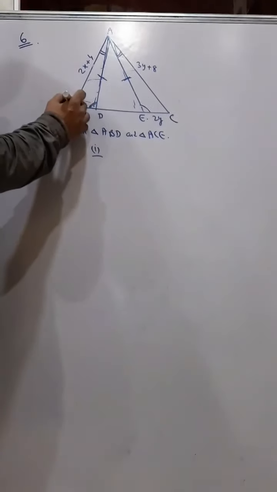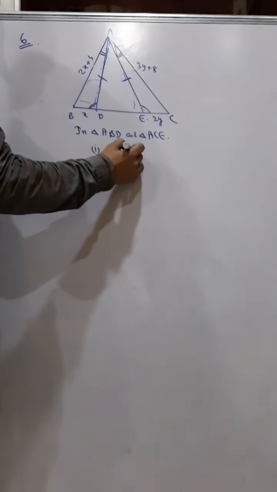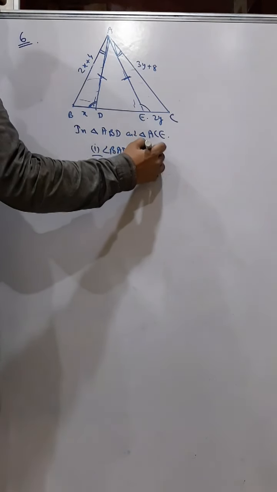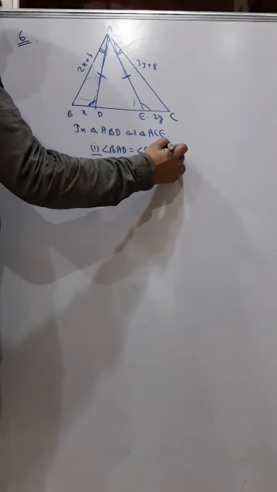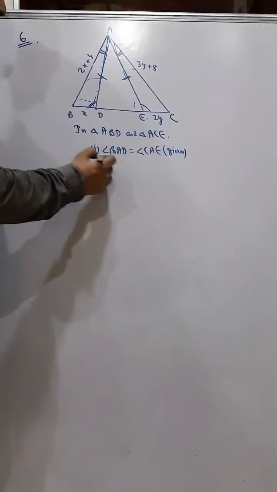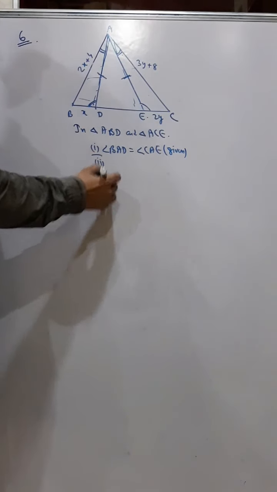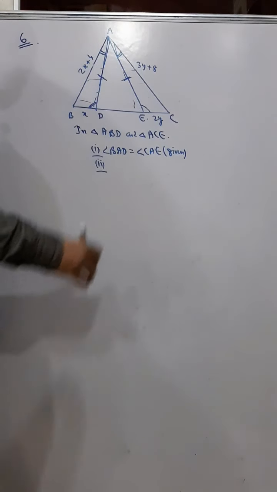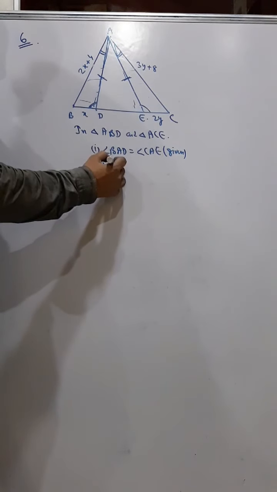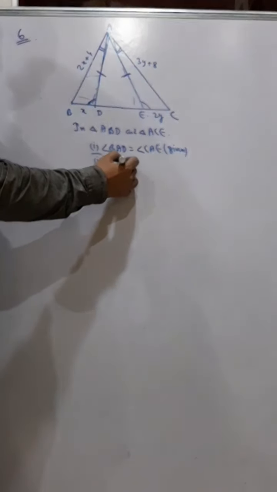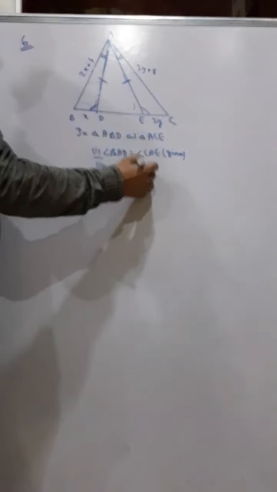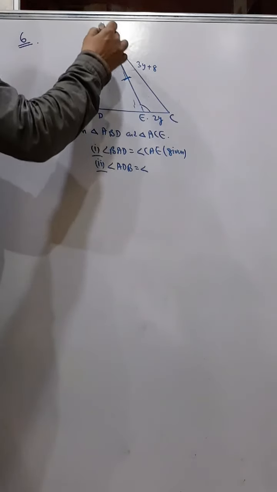first we can say that angle BAD is equal to angle CAE. It is given. Similarly, angle ADB is equal to angle AEC.